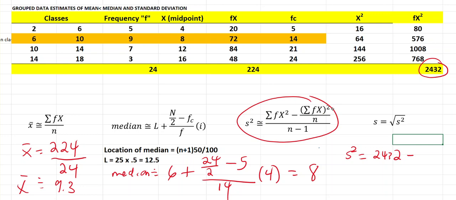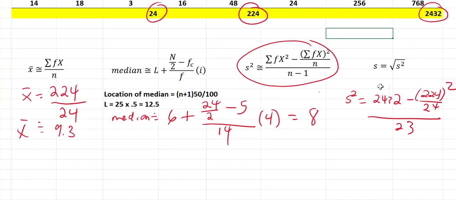We've actually computed the sum of fx earlier. That's 224. Divided by, oops, sorry, we have to square that. Divided by n, which is 24. All right, and we divide everything by 24 minus 1, which is 23.